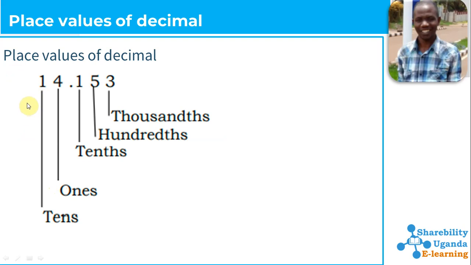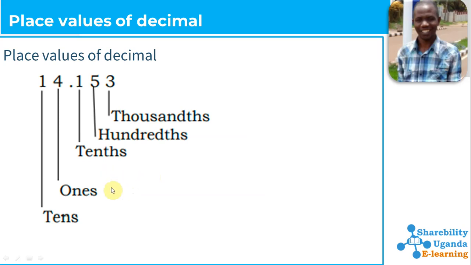So the difference with place values of decimals is the point in them, that after a point we start from tenths, then hundredths, then thousandths, then ten thousandths, then hundred thousandths. Okay, in that way, that's how we are going to be handling our place values.